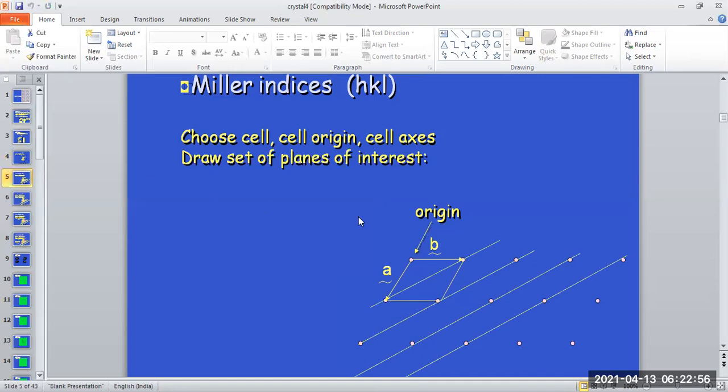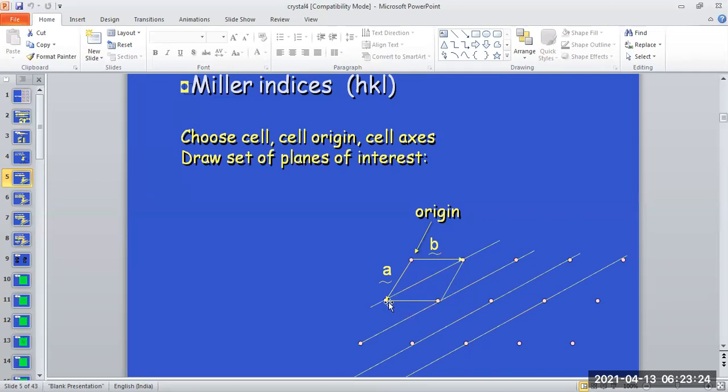Now, here I have shown you the set of equidistant lattice planes. This is three-dimensional, so we can see it two-dimensionally. The back side of this point also gives you a plane, and that is the reason we have written it in this particular format. This is one unit cell.